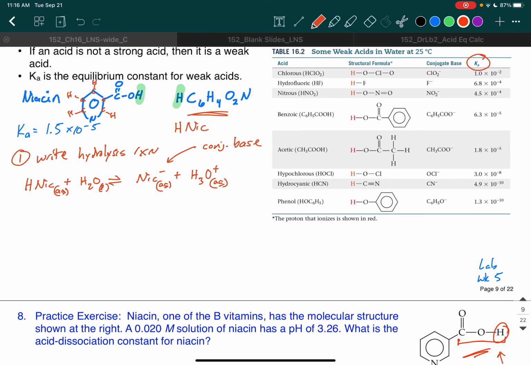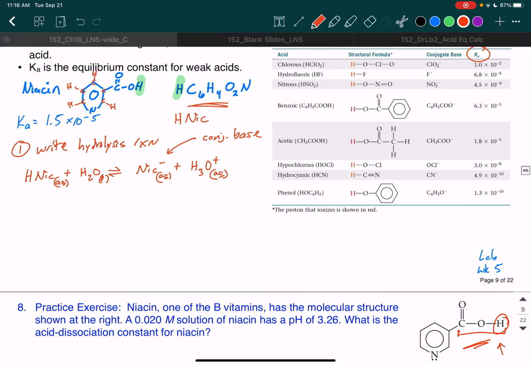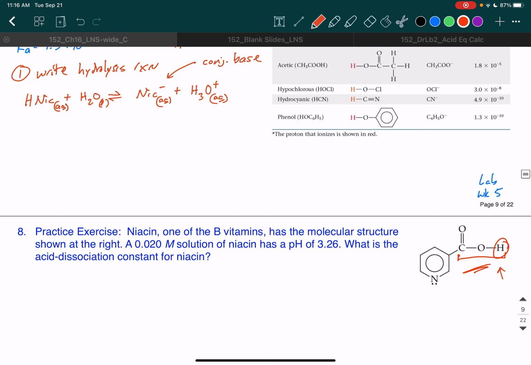In chapter 15, we learned that pure liquids and pure solids are omitted from the law of mass action equation. The law of mass action equation is this little beast, and it's aqueous, it's molarity. For these examples, we would have Kc in chapter 15.